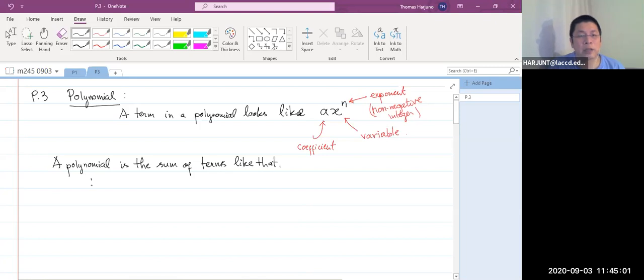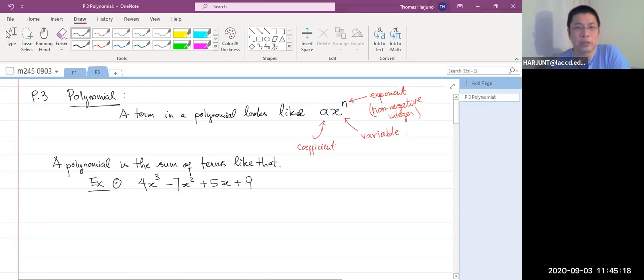Let's say, for example, the following is a polynomial: 4x cubed minus 7x squared plus 5x plus 9. That's a polynomial.